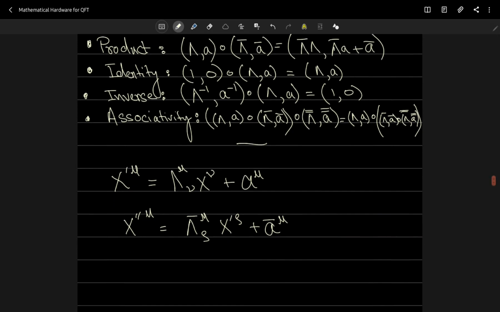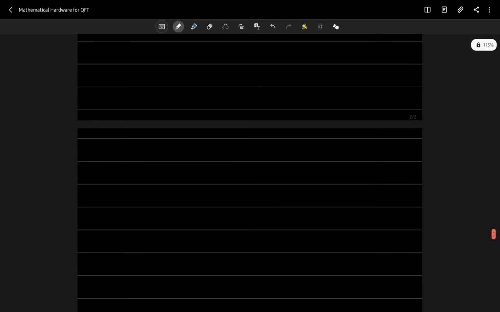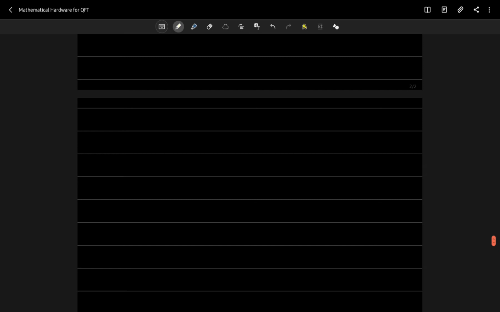Okay, so now let's actually talk about the quantum mechanical symmetries, right? Well, these quantum mechanical symmetries are represented by unitary or anti-unitary linear operators as elements of a separable Hilbert space, right?